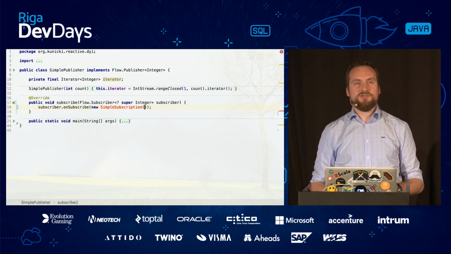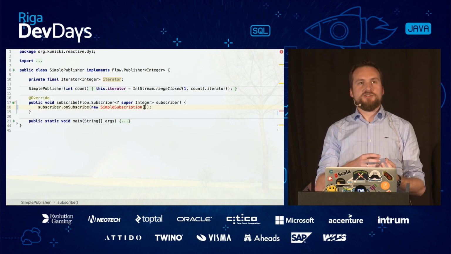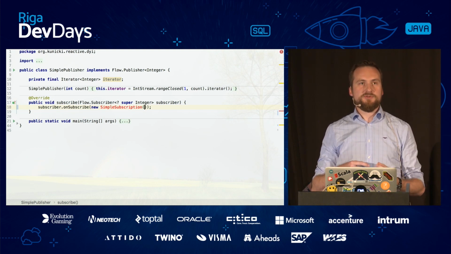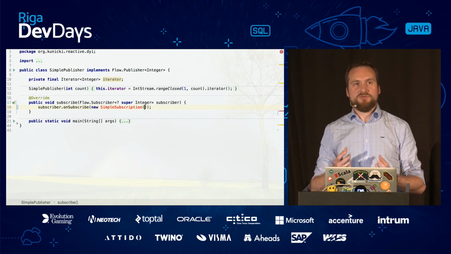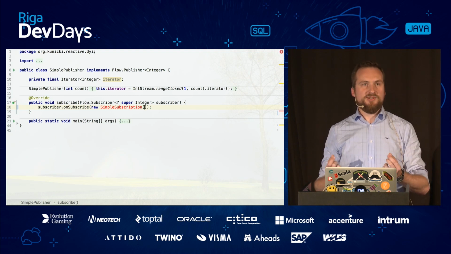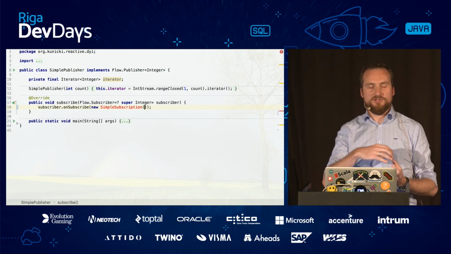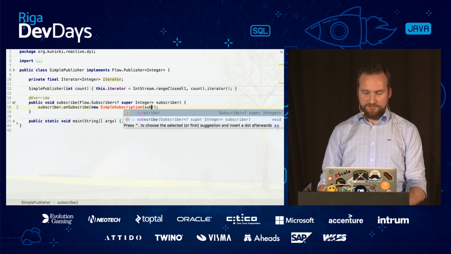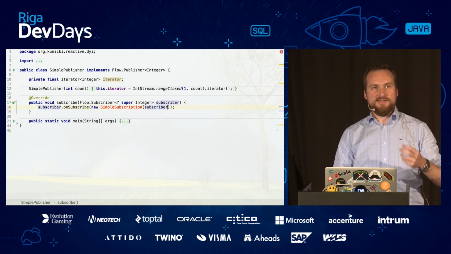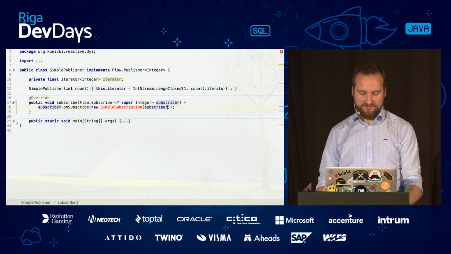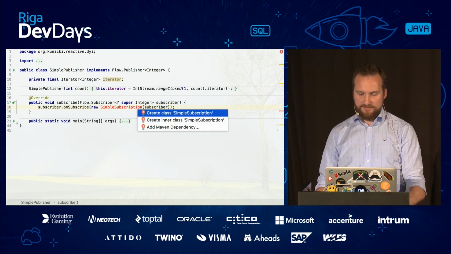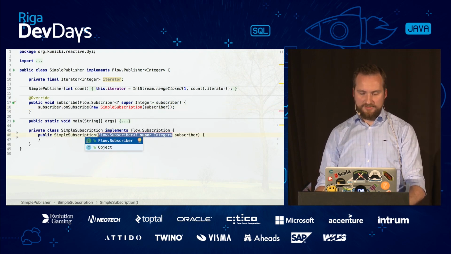And now what we're going to do is move all the communication with the subscriber to the subscription, because as you may remember, the subscription serves as a link between the producer and the subscriber, so we're moving all the communication with the subscriber there. So we're going to pass the instance of the subscriber to the subscription. So let's create the class here.